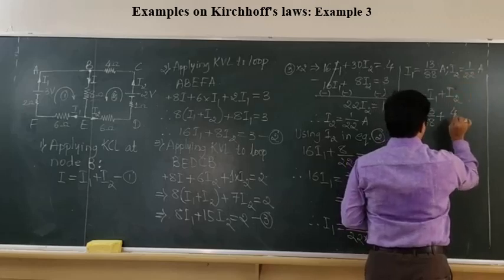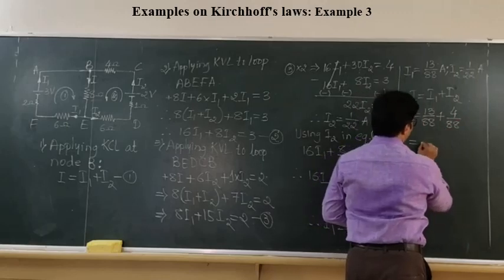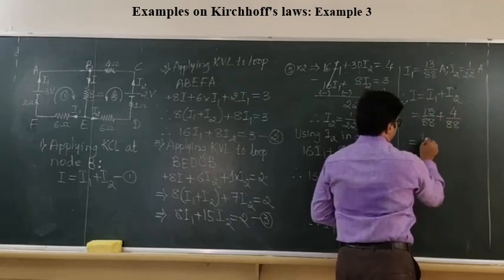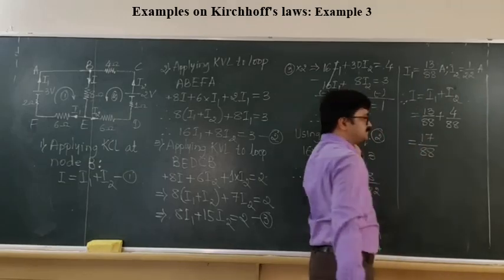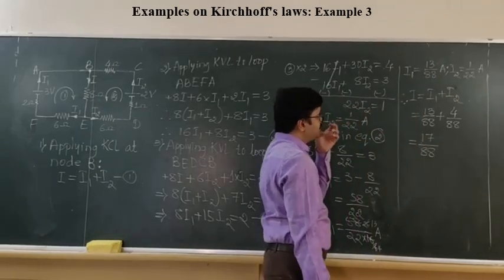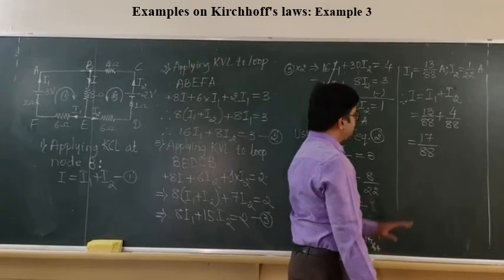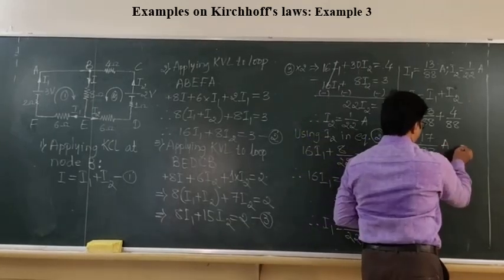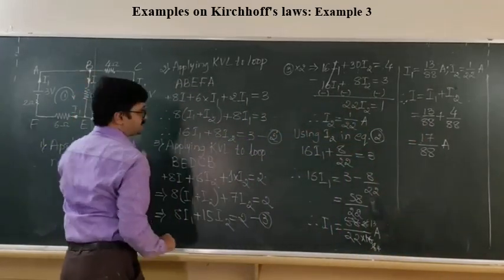I will write it as 4 by 88. So this becomes 13 plus 4, 17 by 88. 17 by 88 is the value that we have obtained. Okay. So this is net current, that is current flowing through 8 ohm resistance.